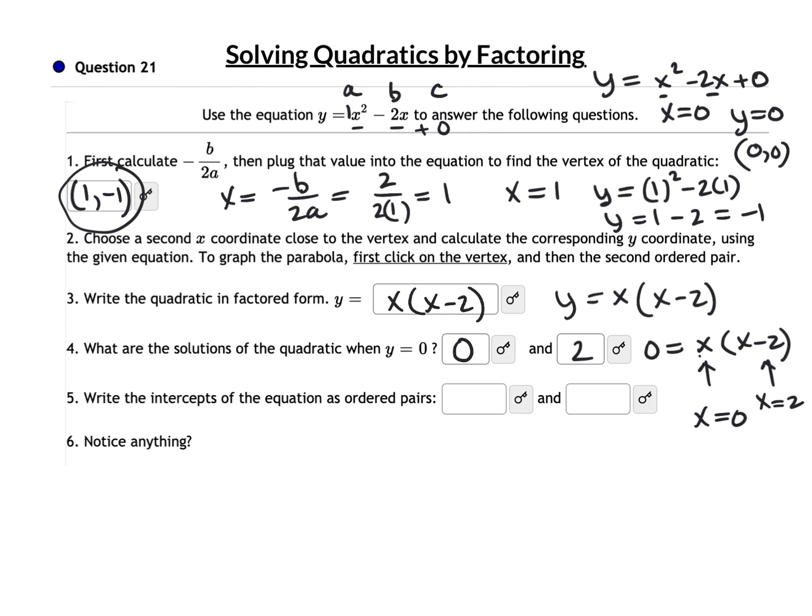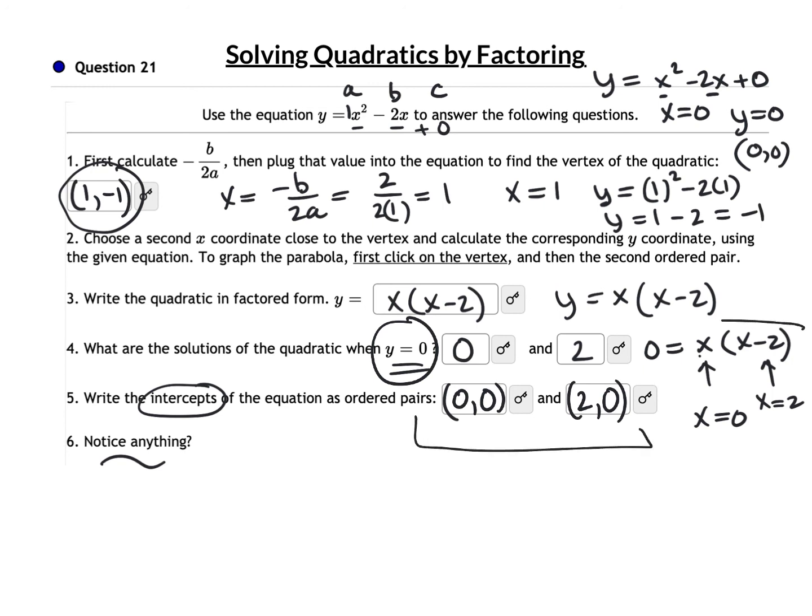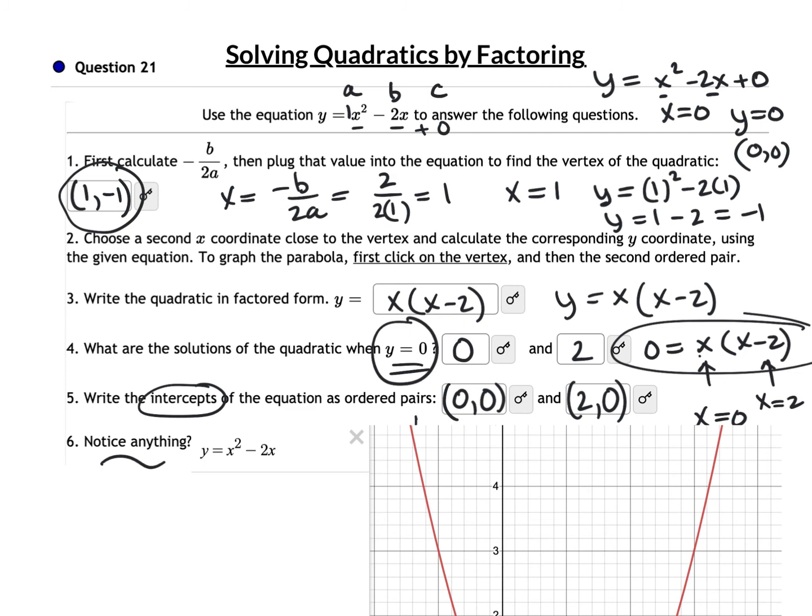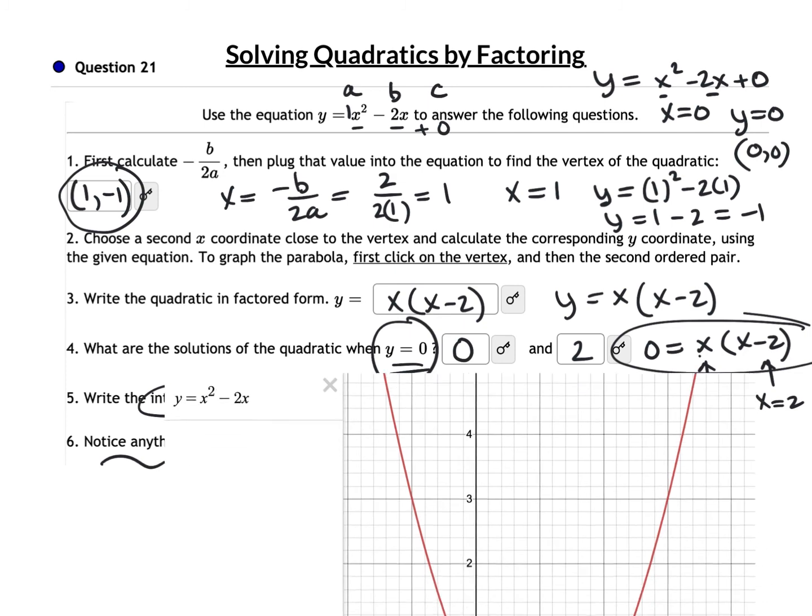The ordered pairs are, remember y is 0 when we're looking for the x-intercepts. The ordered pairs then are 0, and y is 0, and 2, and y is 0. Notice anything? We've got to look at the graph. Look at the graph and look at these intercepts we got by solving this equation. Notice our intercepts are 0, 0, and 2, 0.